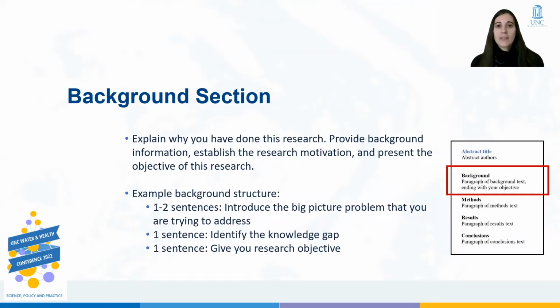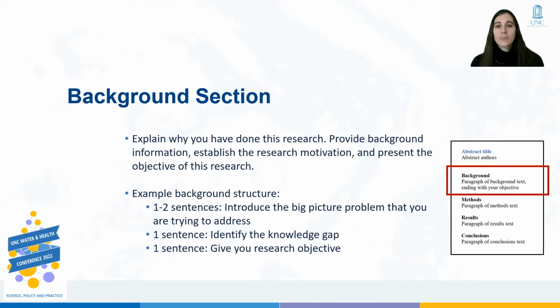The first section of your abstract that I recommend is a background section that explains why you have done this research. This should include background information, establish your research motivation, and present the objective of this research. There are different ways that you could structure it, but one example is starting with 1 to 2 sentences that introduce the big picture problem that you are trying to address.